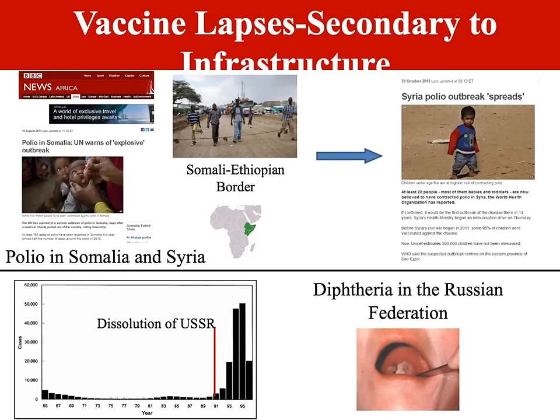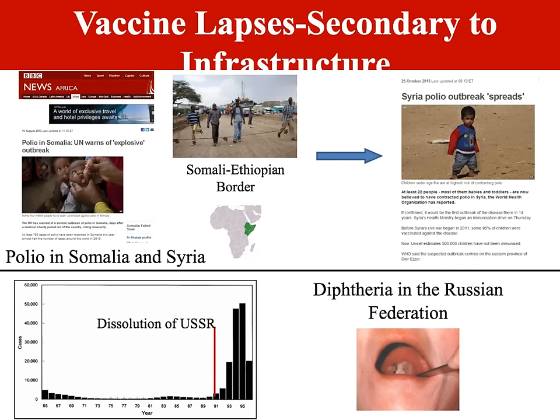The same thing can happen with vaccination campaigns. When you have lapses in infrastructure and lapses in healthcare systems, you have drops in vaccination rates, and then you have a susceptible population emerge, and there you go, you get disease.